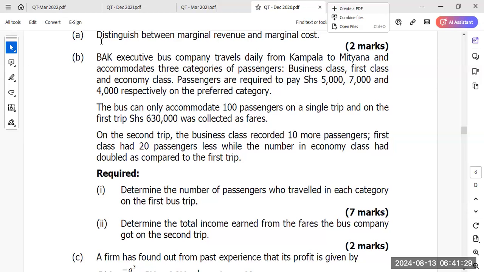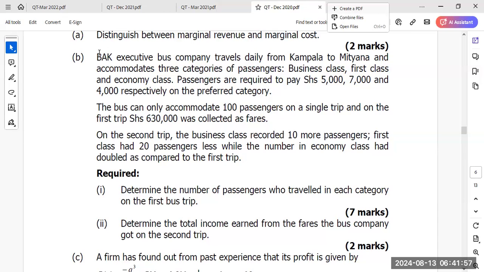So this question, they are telling us that on the required part, we determine the number of passengers who traveled in each category on the first bus trip. Then Roman 2, we determine the total income earned from the fares the bus company got on the second trip.